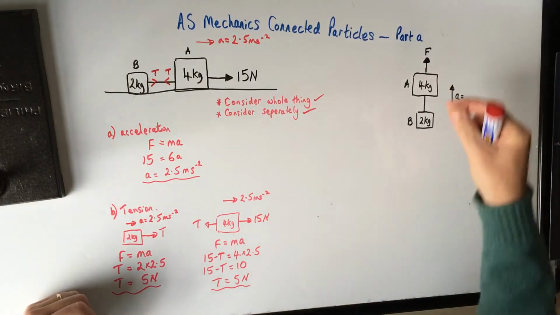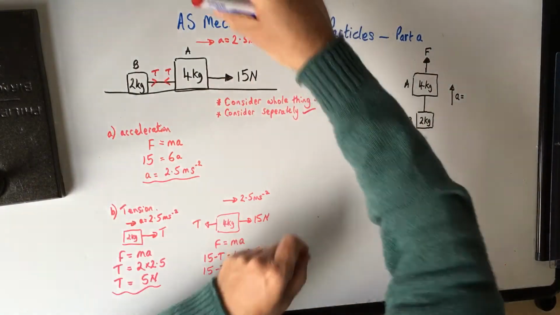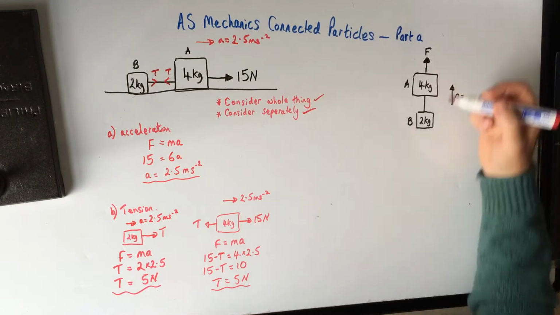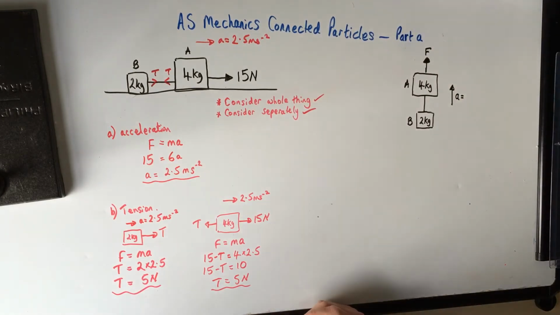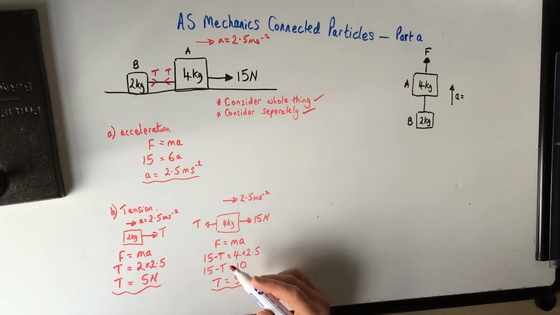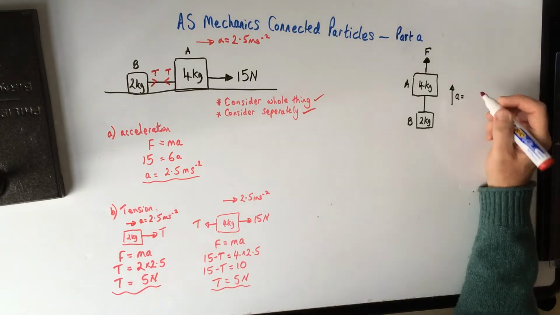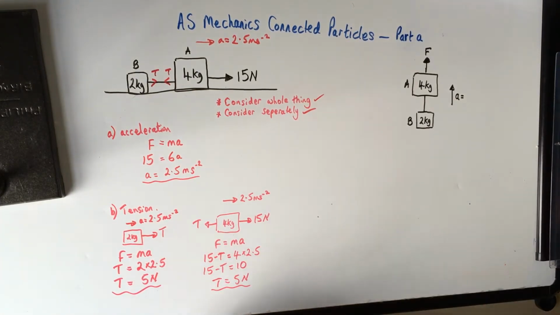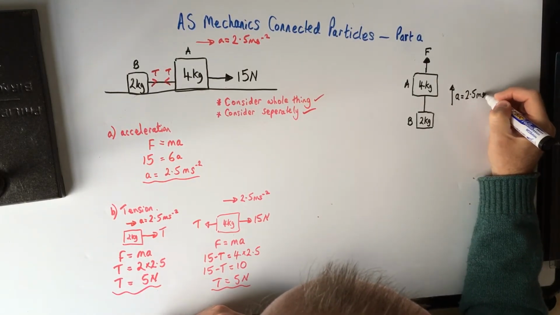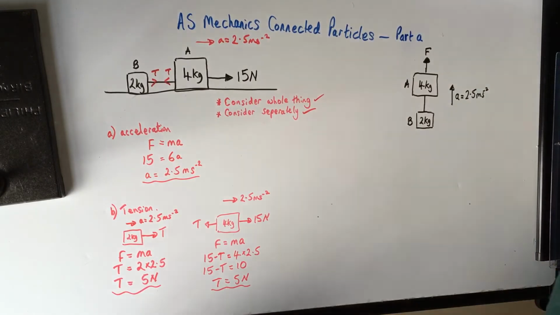Let's just turn it on its head, lift that up now, and apply a force acting up. Now that we've worked out that the acceleration is 2.5, let's lift it at 2.5 meters per second squared. Let's just change this question round.